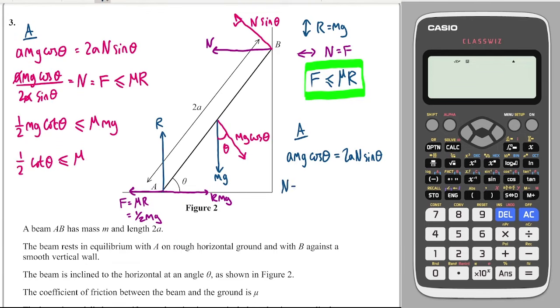So n will equal, once again, a mg cos theta over 2a sine theta, and that will simplify down just like it did before to mg cot theta, a half.